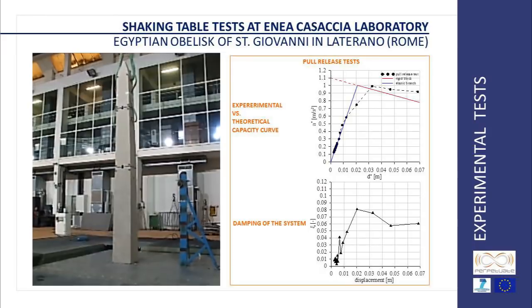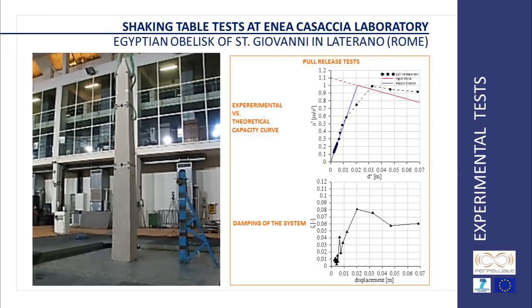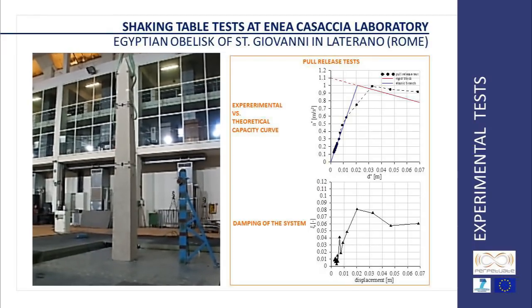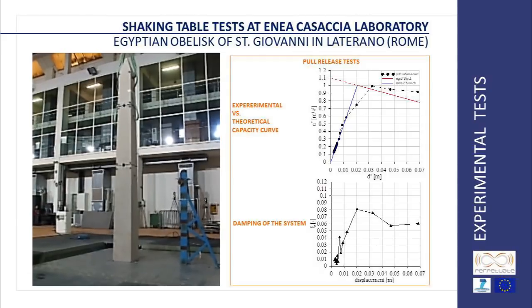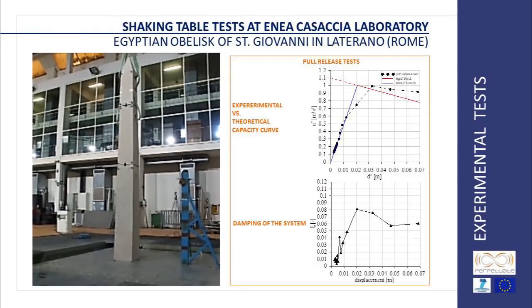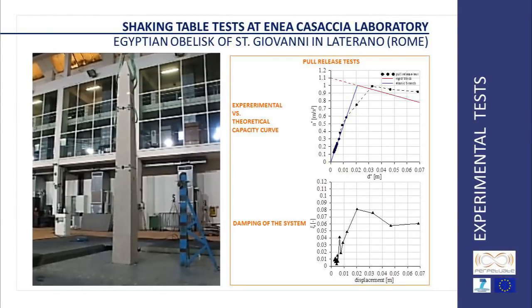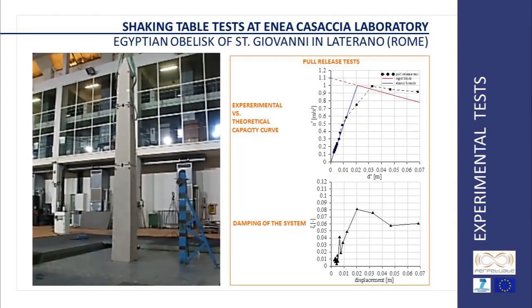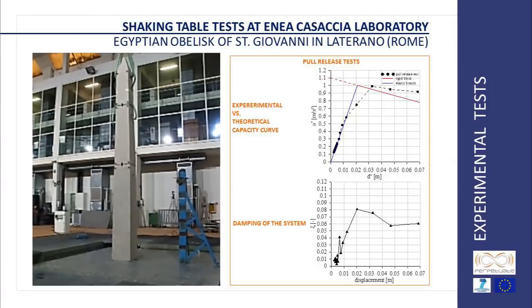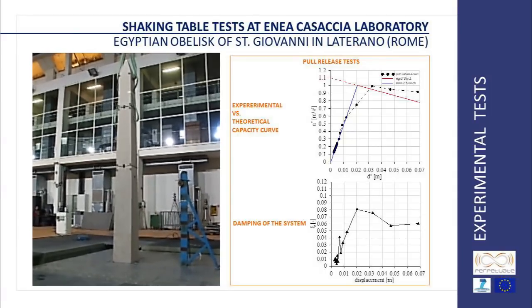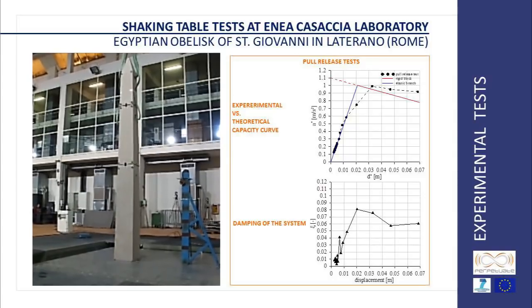The theoretical capacity curve obtained by the macro-block model has been validated by pull and release tests, which also give the elastic period of the obelisk and the damping due to impacts and viscous dissipation. The obelisk mainly moves as a rigid body without significant rotations in the upper joints.